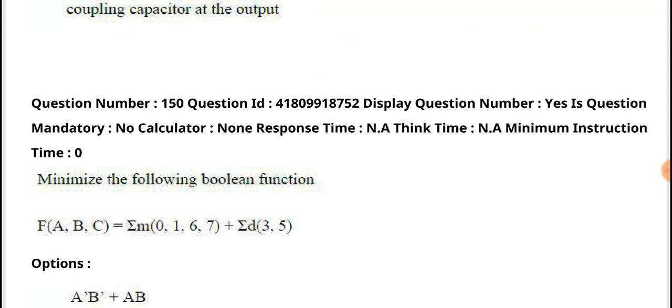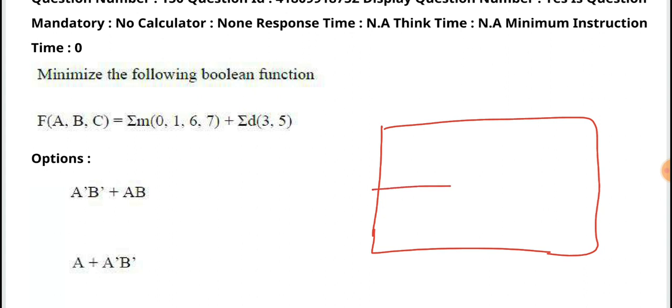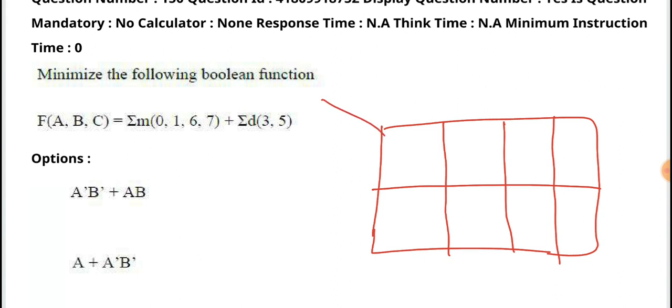And next question: minimize the following Boolean function. I have taken a Boolean K-map here to simplify this function.